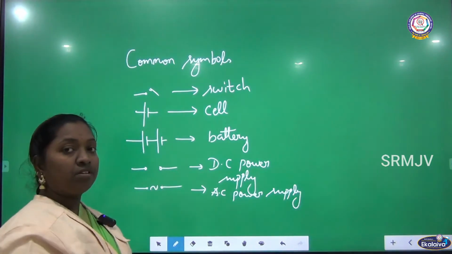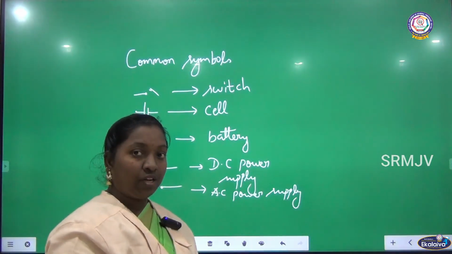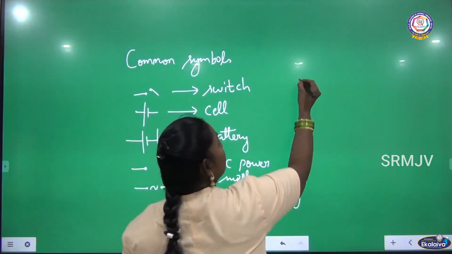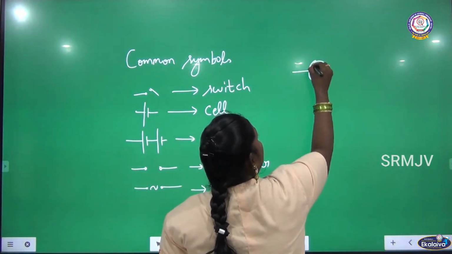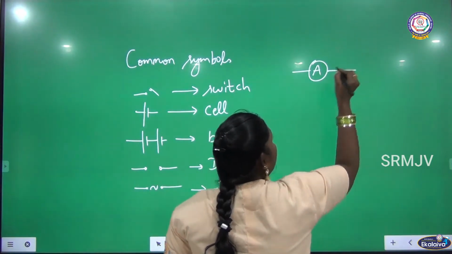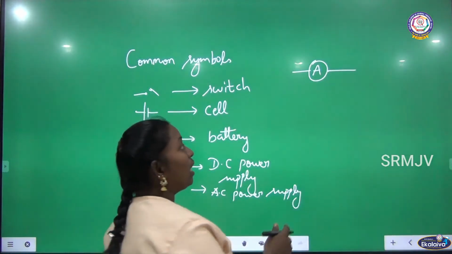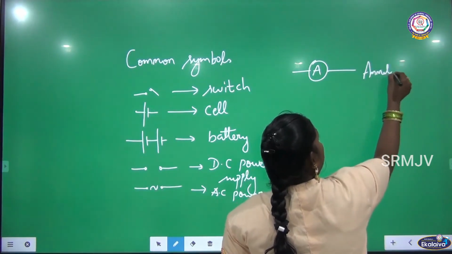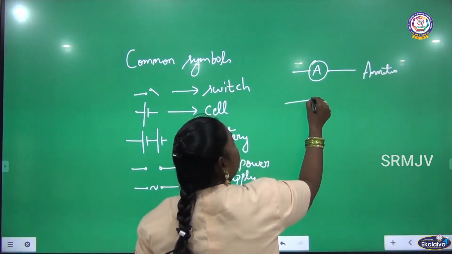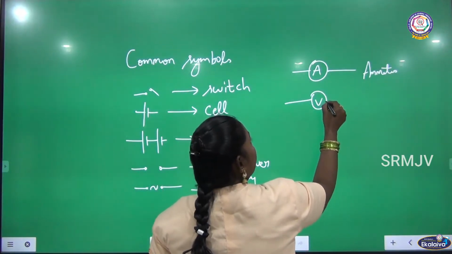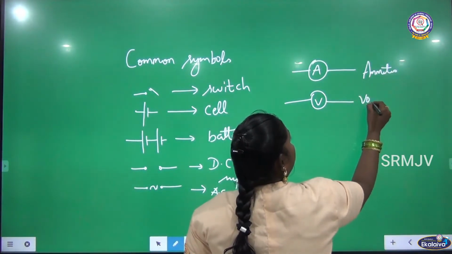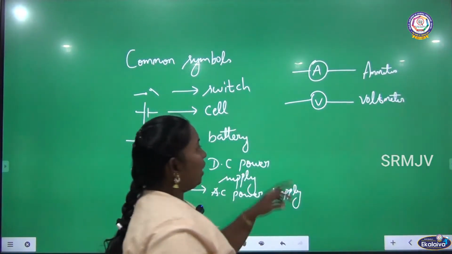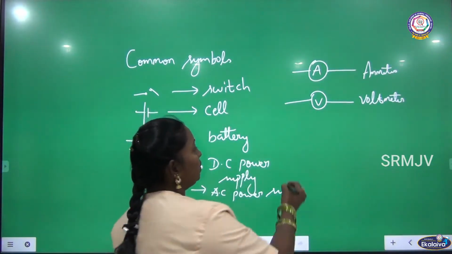There are many symbols to represent electrical wiring in the form of an electrical circuit, and what I am showing is very few. Along with this, if you see this symbol, it represents an ammeter. A means ammeter, V means voltmeter.